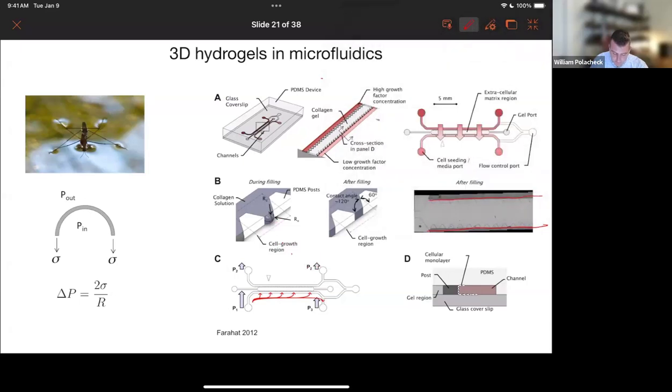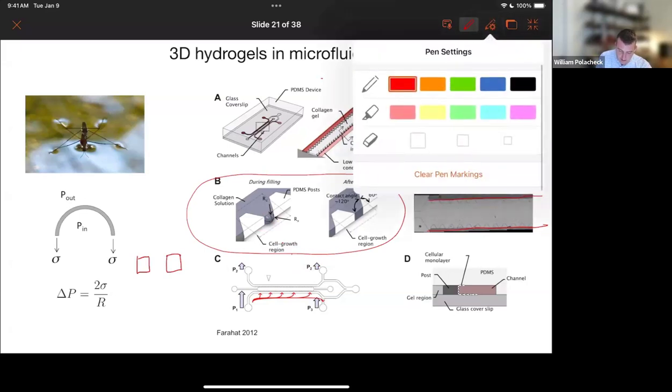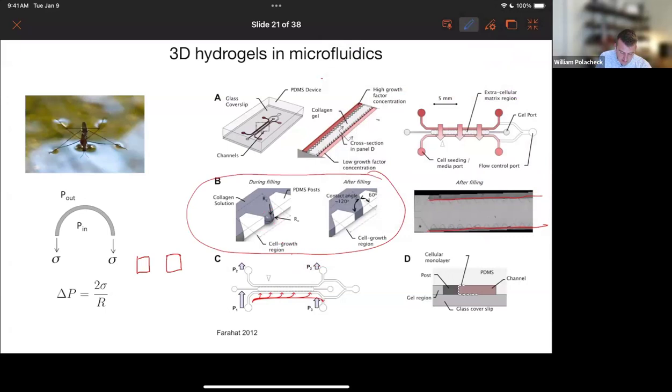The reason trapezoids are used here is because of what's shown in this graph. If you have rectangular structures and you fill with your hydrogel solution, you'll end up with this bubble-like structure that sticks out into the flanking channel.